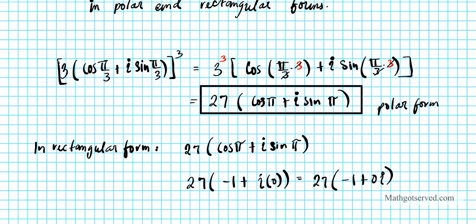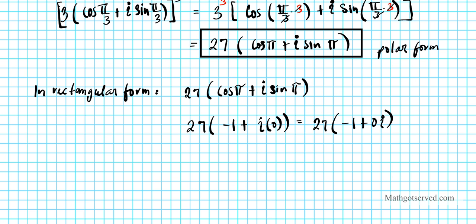If we distribute the 27 to the real and imaginary parts of this complex number in the parentheses, that's going to yield -27, and that's the final result. So this is the result in rectangular form. All right, so that's that.